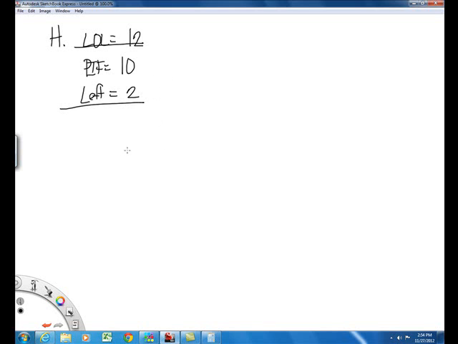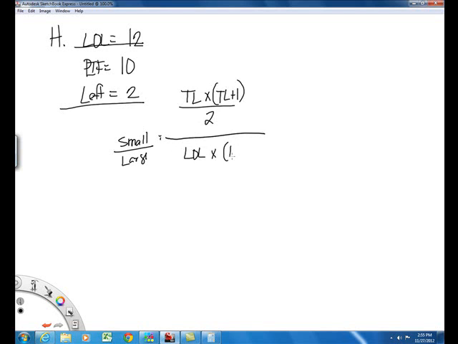My rebate fraction, and I'm sorry, I wish there was just an easy way to do this, but you just have to remember the small number goes on the top and the large number goes on the bottom. But here's how you write the rebate fraction. You'll take the time left on the loan times the time left on the loan plus 1 divided by 2, over the total length of the loan times the length of the loan plus 1 and divide that by 2.